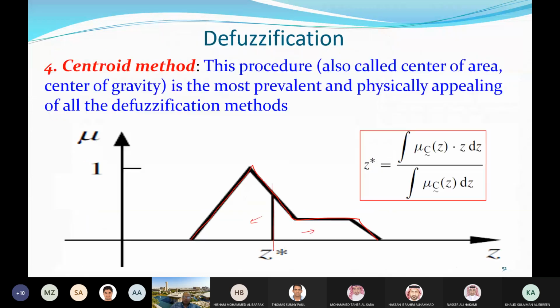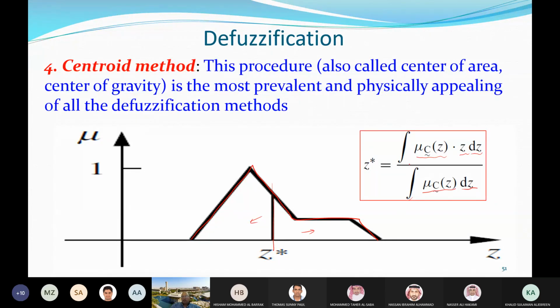This Z star here is equal to the integration of the membership values times Z dZ over the integration of the membership function over dZ.